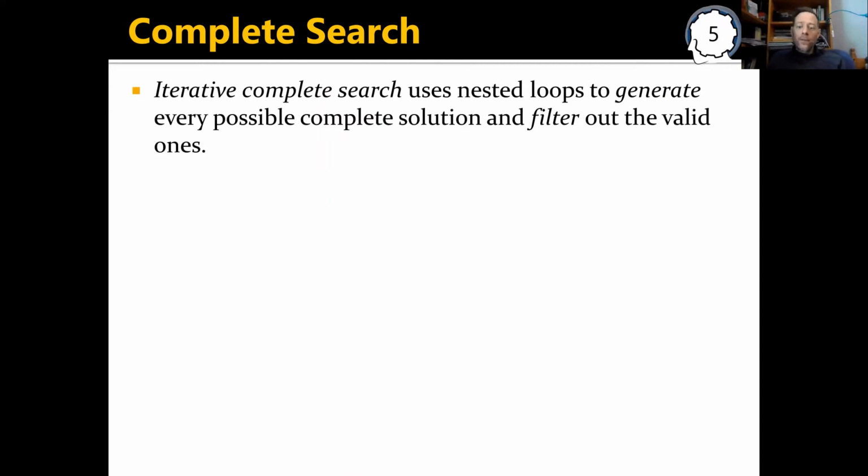So how can we then do it? There are basically two ways of doing it. Either we use iterations, so basically enumerating everything, or we do recursive backtracking. In iterative complete search, the idea is basically to use nested loops to generate every possible complete solution and then filter out the valid ones. This is often called generate and test, or generate and filter type of approaches.